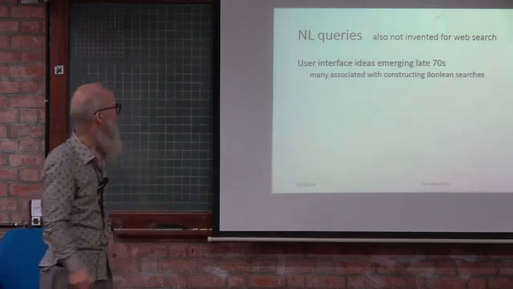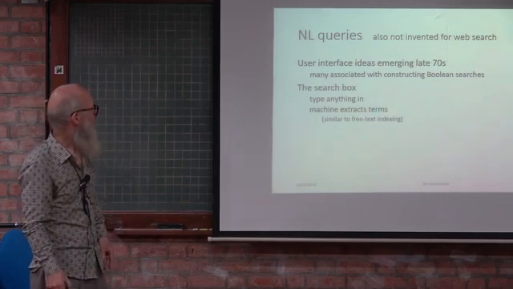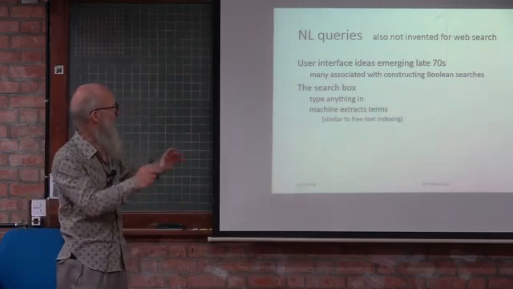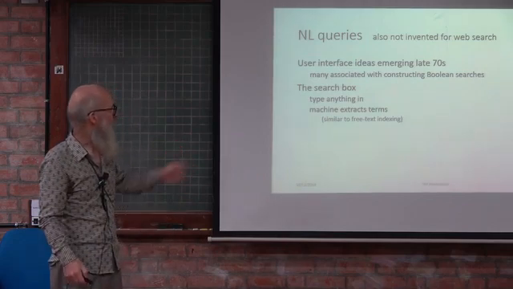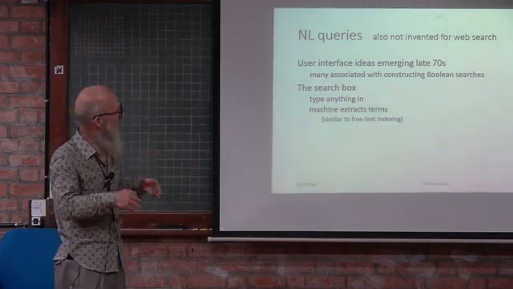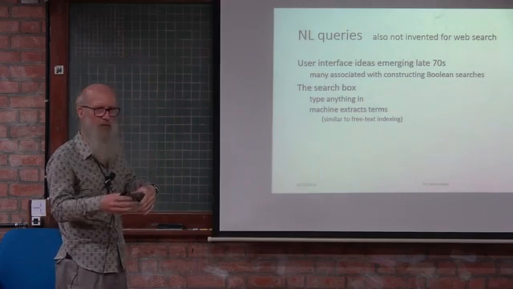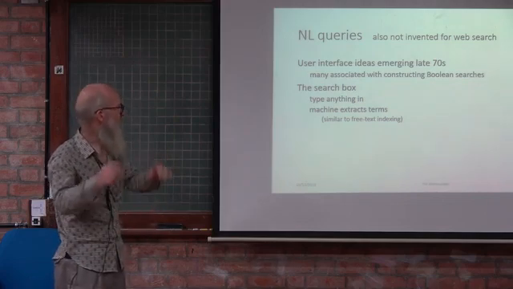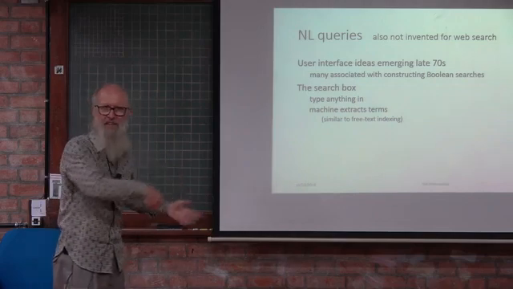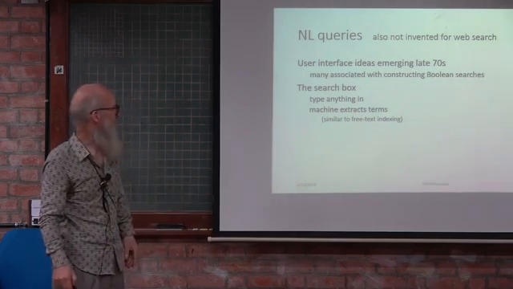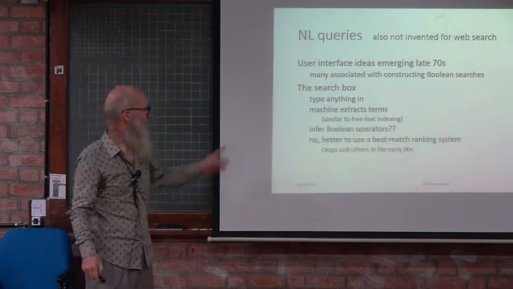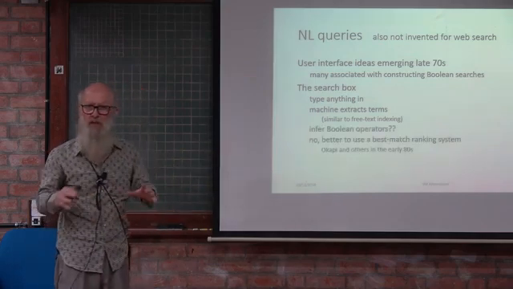If you present a user who doesn't know about it with an interface which expects Boolean operators, that's really quite hard. So the idea emerged that we might have a search box into which you could type anything, and we would have a machine extracting terms, words, maybe phrases, something like free text indexing at the other end, in the indexing stage, but possibly inferring Boolean operators.